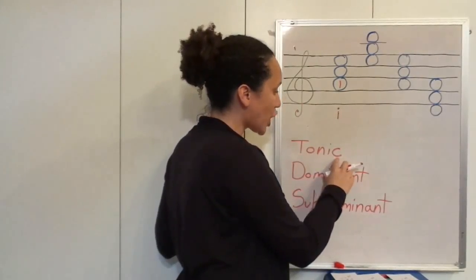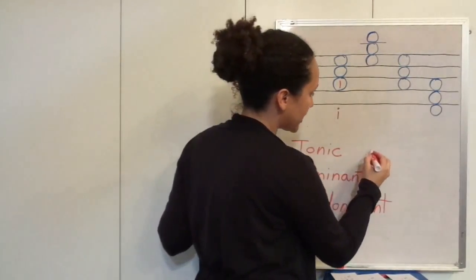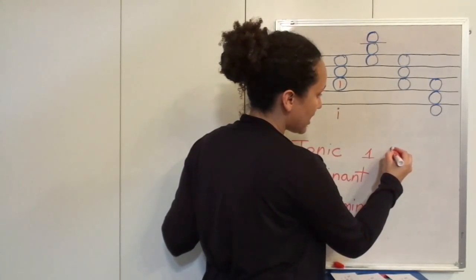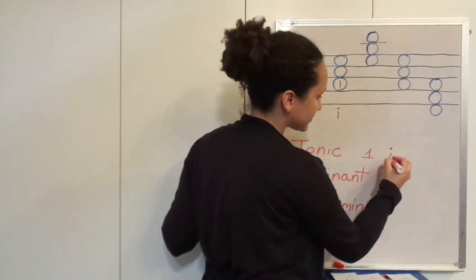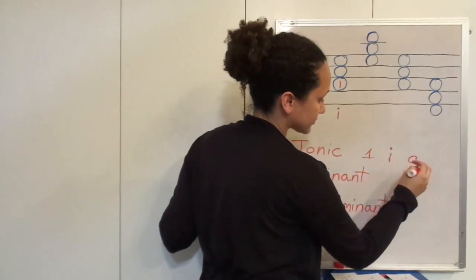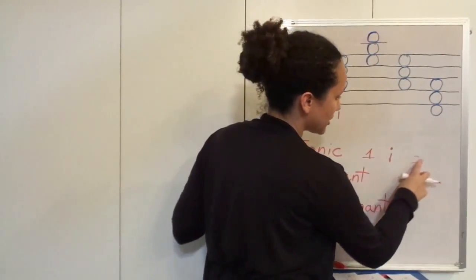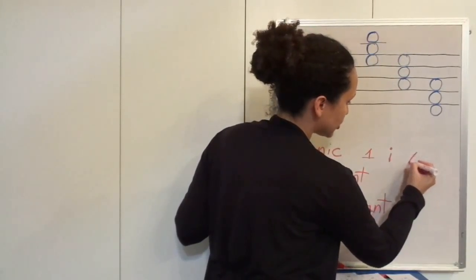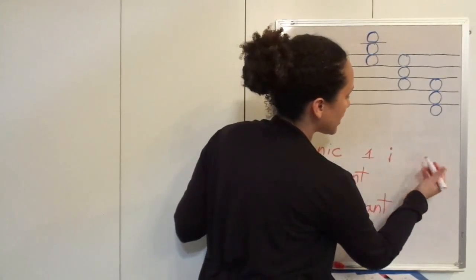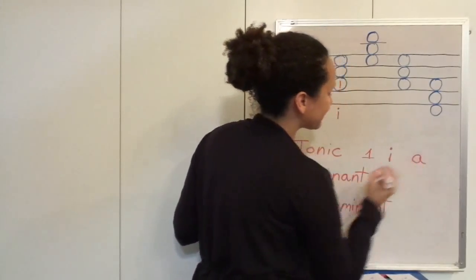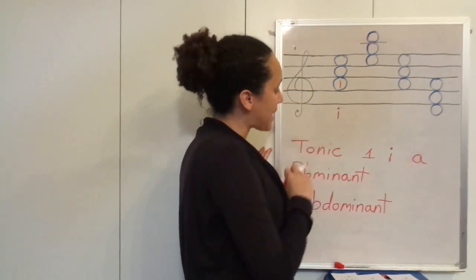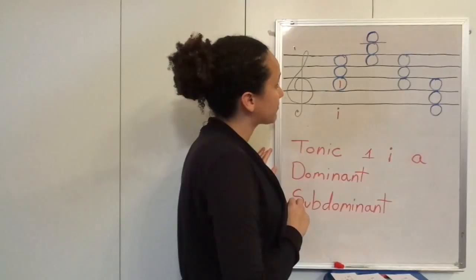Tonic means tone. So I'm going to put over here 1 and then a lowercase I. And there's A. Or because this is just the note, I'm going to put a capital. Oh no wait, it's the chord. I'm just going to put lowercase. There we are. Okay, so what about dominant?